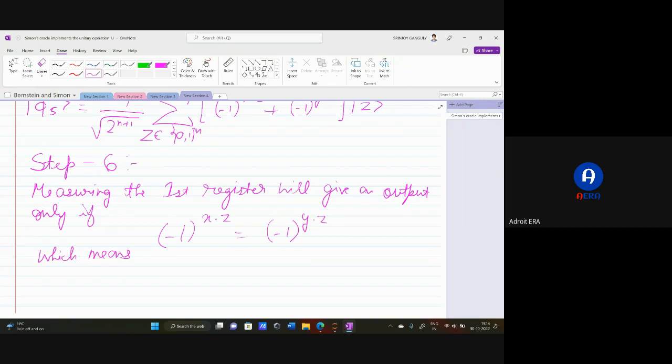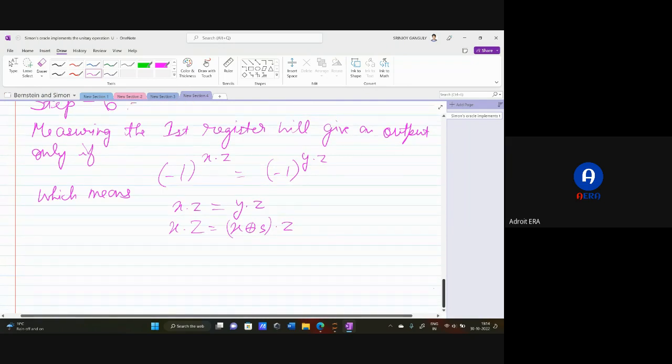Which means that x dot z is equal to y dot z, and that means x dot z is equal to y. We already know x XOR s, we have already seen this, right? Dot z, in step 4 we saw in the morning only, in the 10 to 12 class, right? We have seen this.